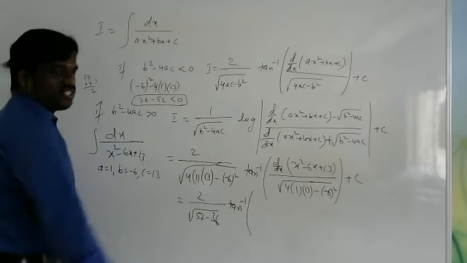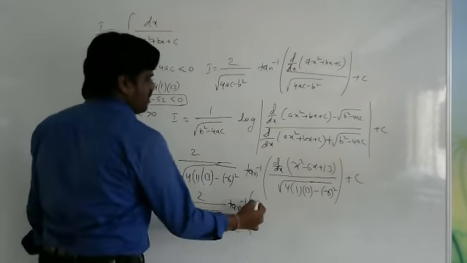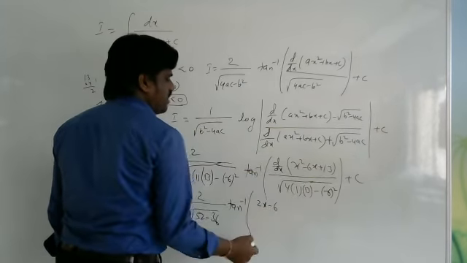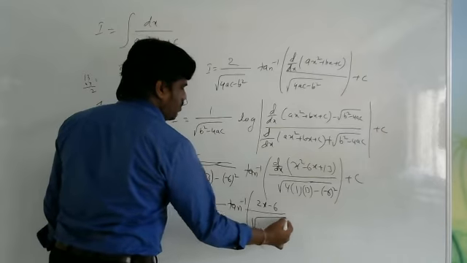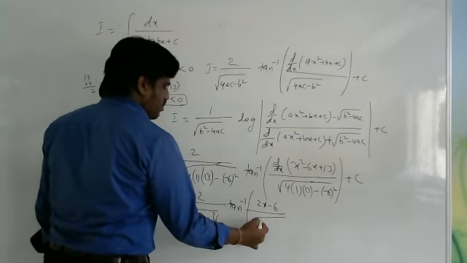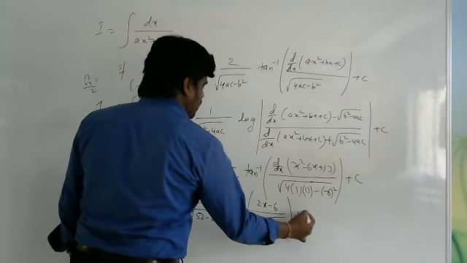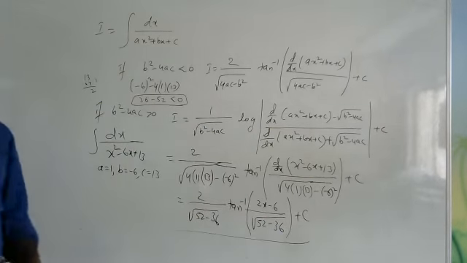Now differentiation of x square is 2x, differentiation of 6x is 6, differentiation of 13 is 0, divided by under root of 52 minus 36, plus c. You can do that much. Very simple.